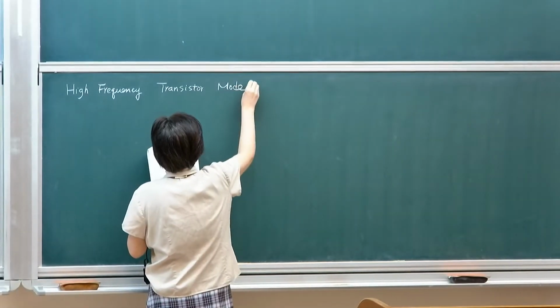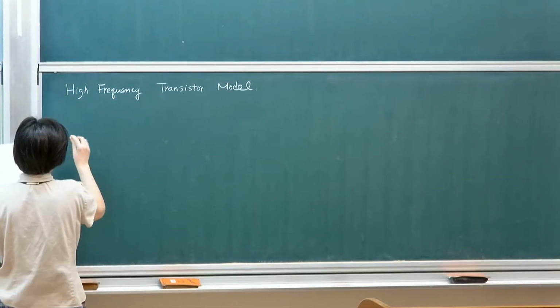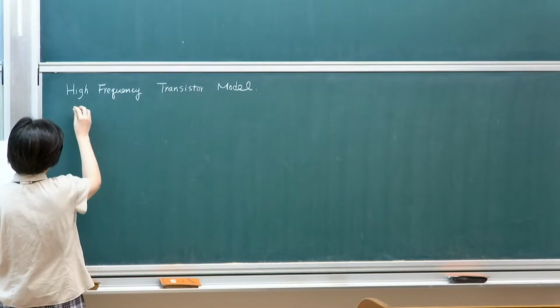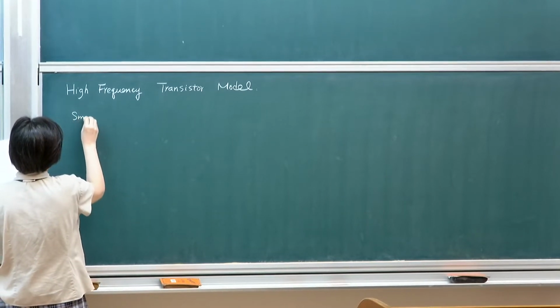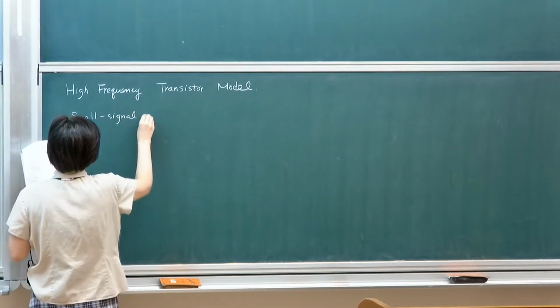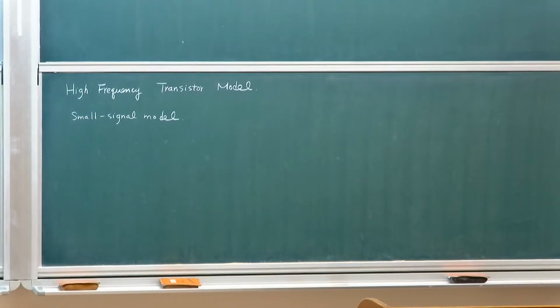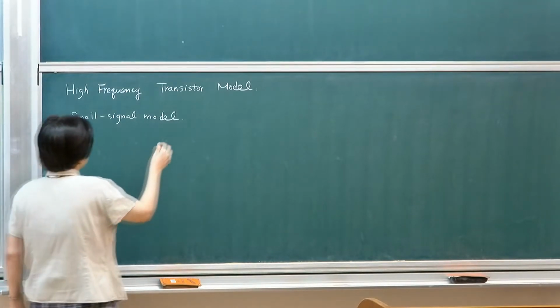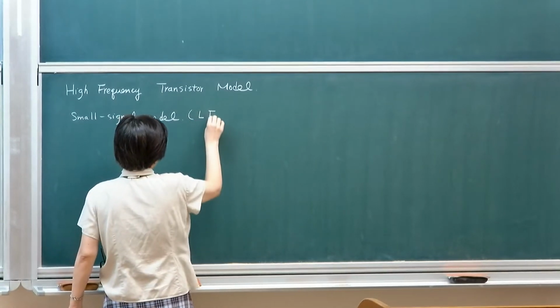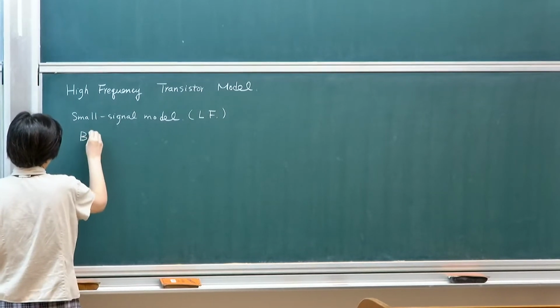So basically, before we start, you think about your small signal model, high frequency. So we revisit our small signal model first. When you use the low frequency model, it means that you omit all the capacitive components. So the small signal model used for low frequency analysis looks something like this. For BJT, let's look at BJT.